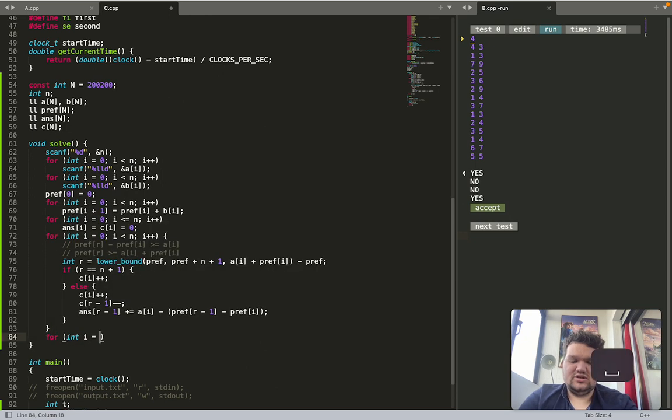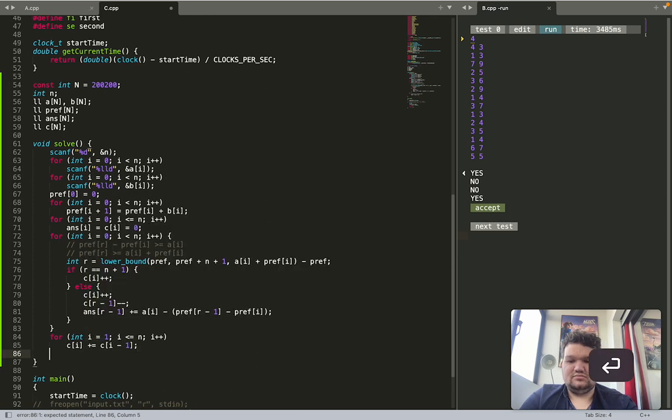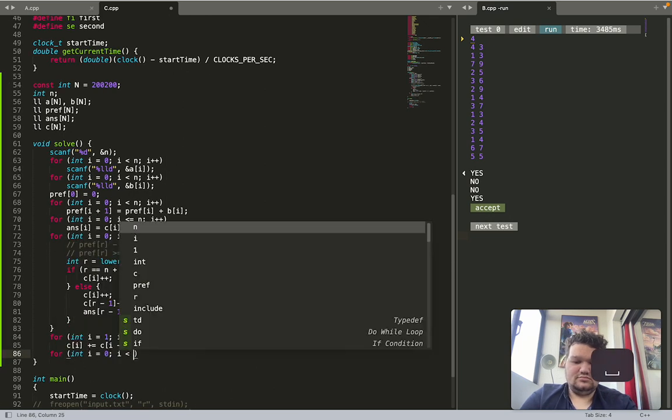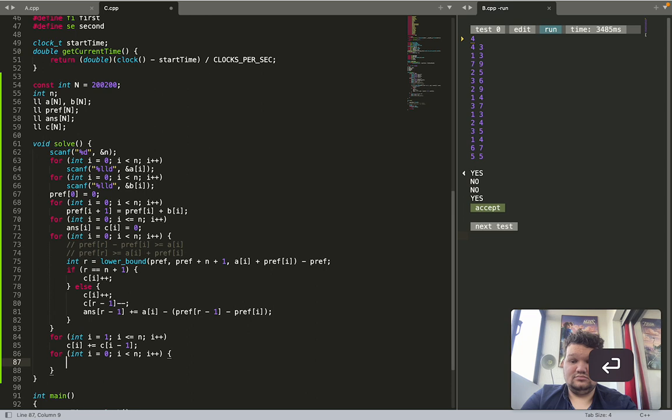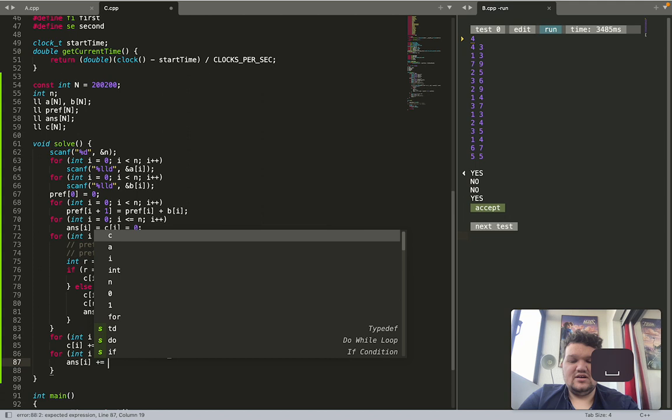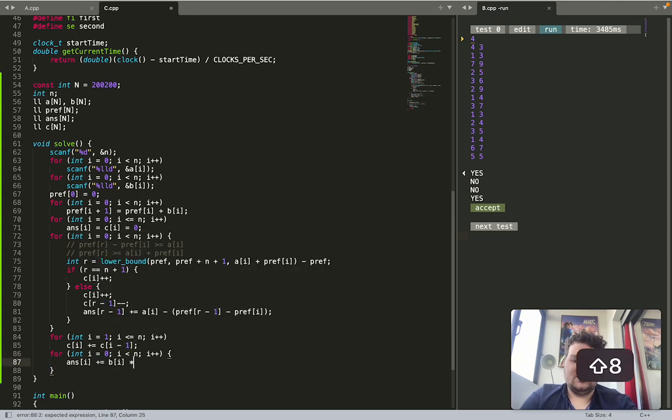Then we calculate the prefix sums. And now for the I-th taster, we should say that they drink their full capacity Ci times. So we add this product to the answer.